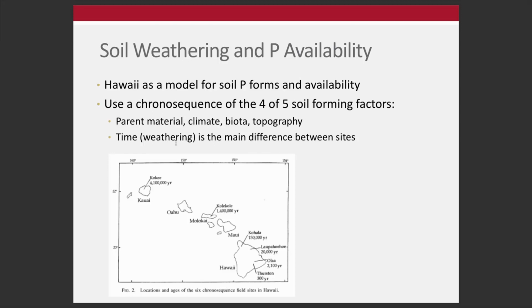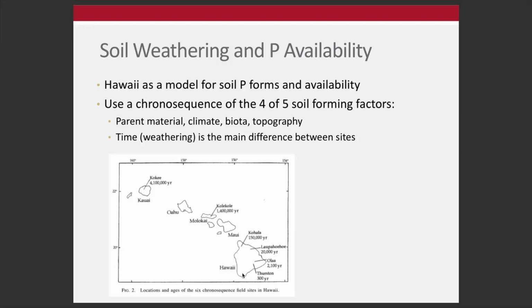Okay. So Hawaii is a really nice example because a lot of these things are controlled for. We have islands that are over 4 million years old, 1.5 million years old, say 150,000 years old, and then even new pieces of that island as this plate has shifted and volcanic activity has bubbled up from the surface and formed these islands.